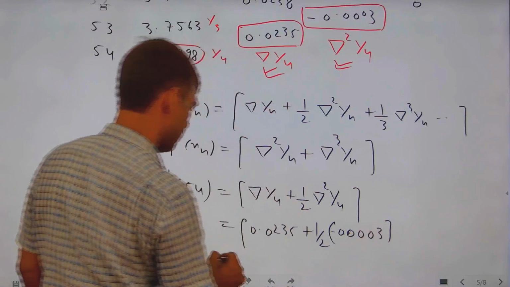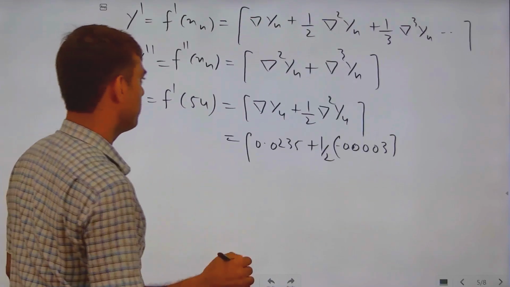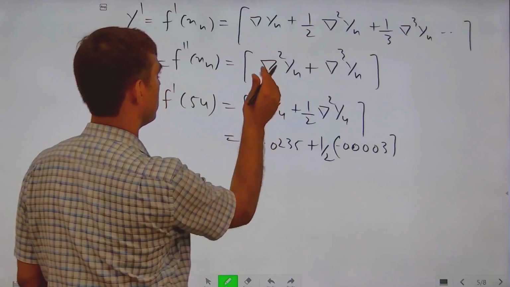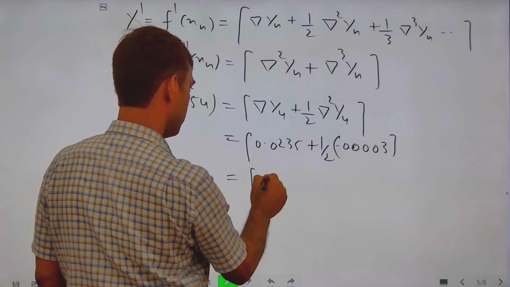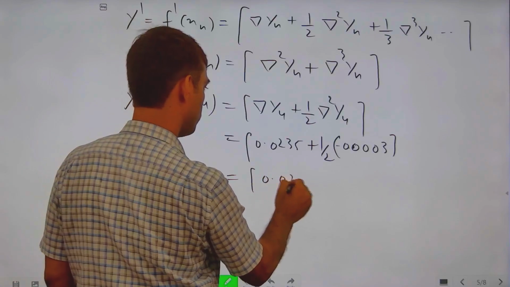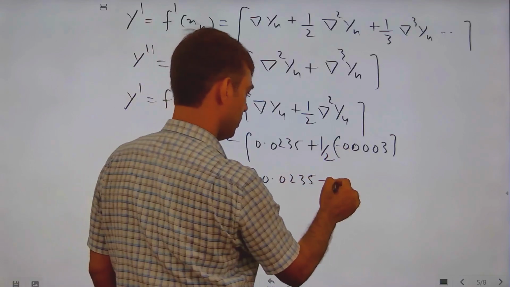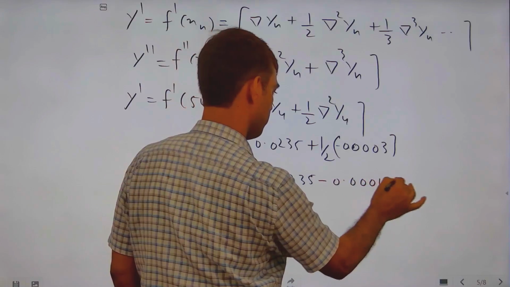Simplifying, this becomes 0.0235 minus 0.00015.